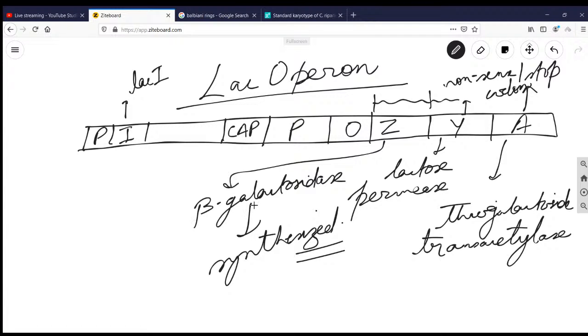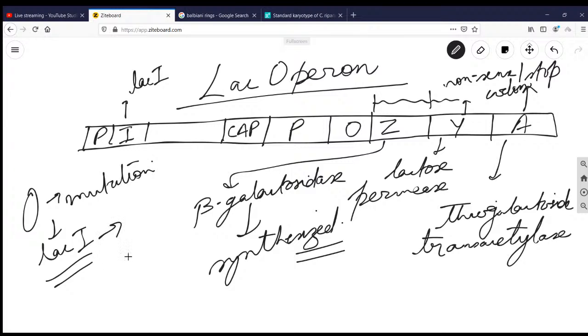So we all know that the lac operon is negatively inducible. So here what I want you to know is, suppose the operator region, the O region here, if I change the question, if I say the operator region has such a mutation which cannot bind to the lac-I repressor, what will that result in?